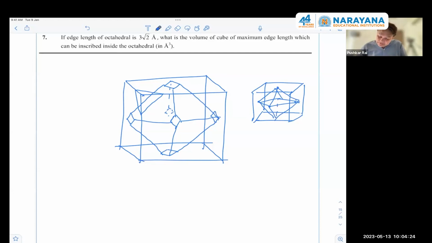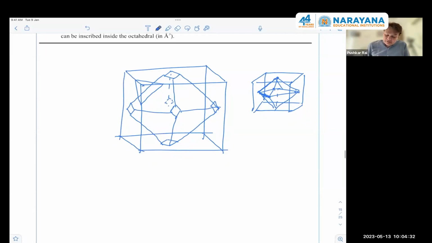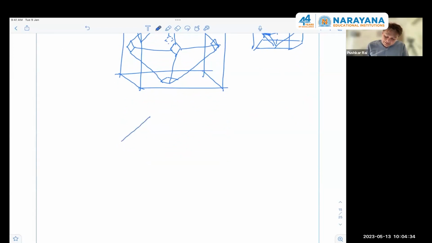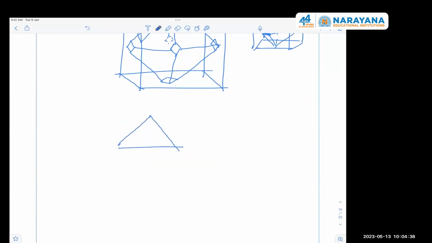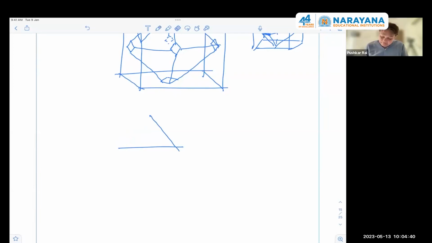Can you get this length? Yes. You can easily get this length. Can you get this edge length? Yes. All these edge lengths, you know. Now the point is, when you cut an octahedral, what is going to happen? A cube. It's a cube. Where? That's the question. Exactly where?